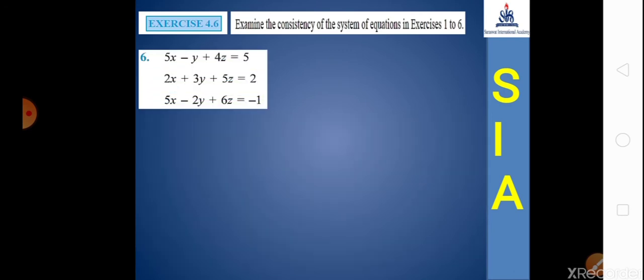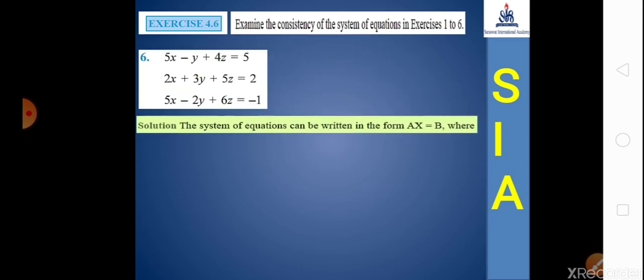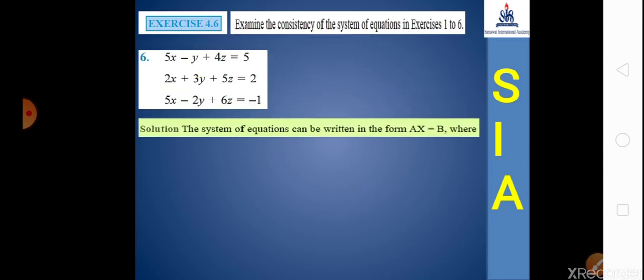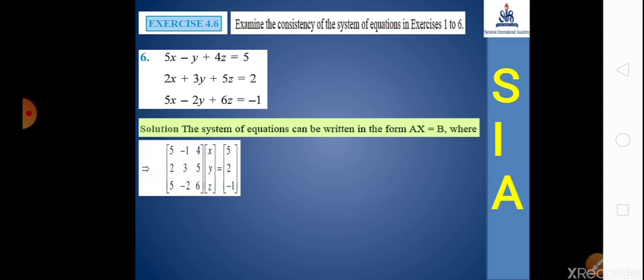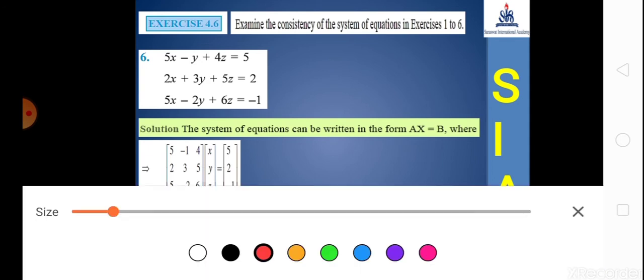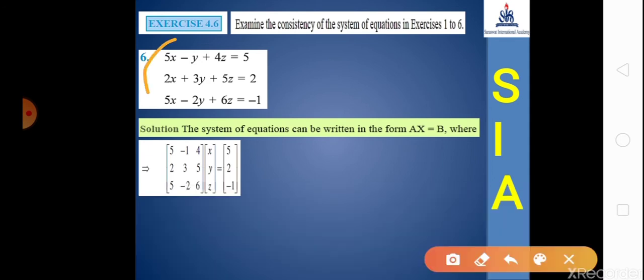Sixth one, same explanation, same question, three equations given. I write the same statement, converting into AX = B expressions, and just write down A, X and B. One more time I explain it, students, it's a very easy process. You just take the coefficients of x, y and z and write them here: 5, minus 1, 4; 2, 3, 5; and 5, minus 2, 6.